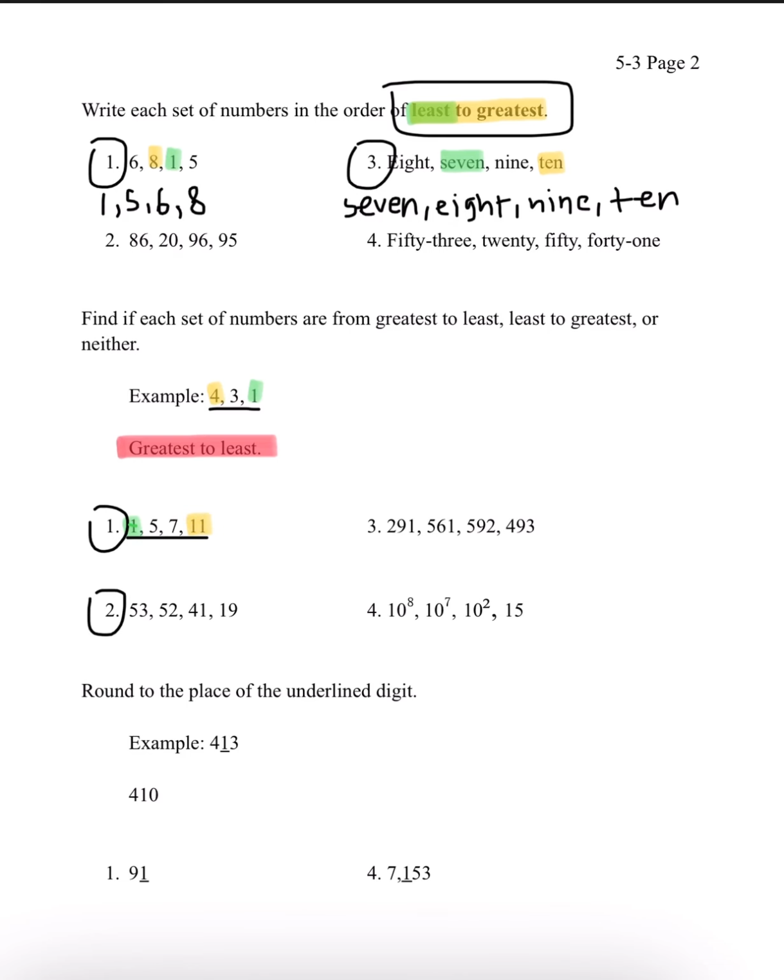So this order is least to greatest, since 5 is smaller than 7, and 7 is smaller than 11.